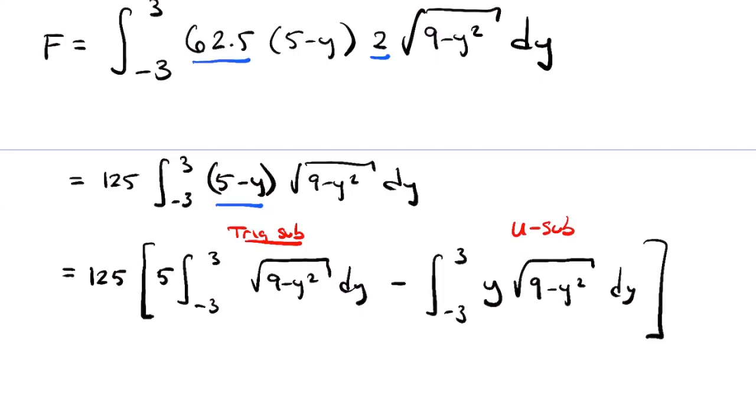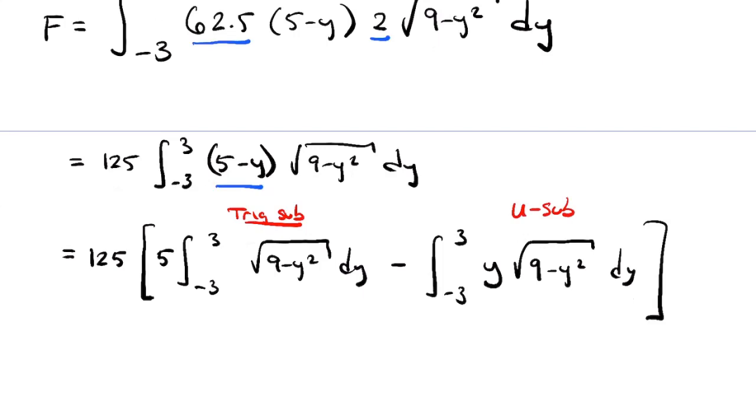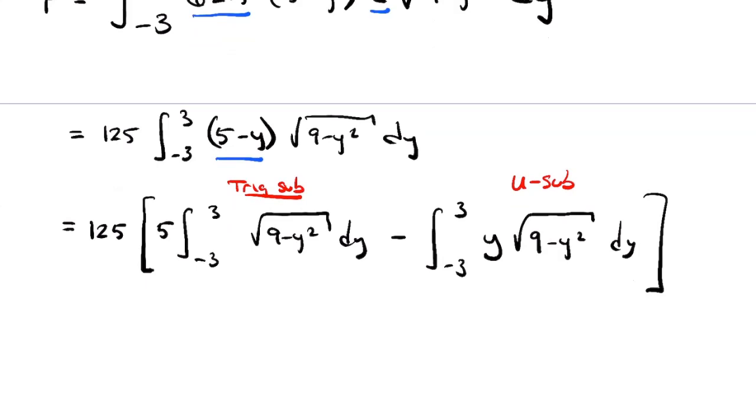I'm going to mention something because I can see it. It's not always the case, but in this particular case, there's an easier way to calculate these integrals. Namely, if I think about what this integral is, the integral from -3 to 3 of the square root of 9 minus y squared, well, we've already said above, the square root of 9 minus y squared is the graph of a semicircle of radius 3.